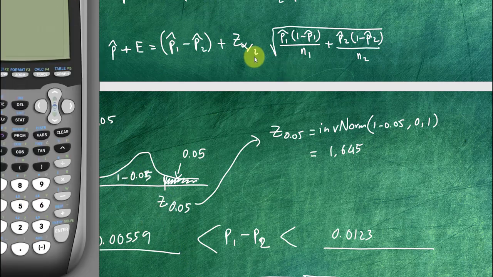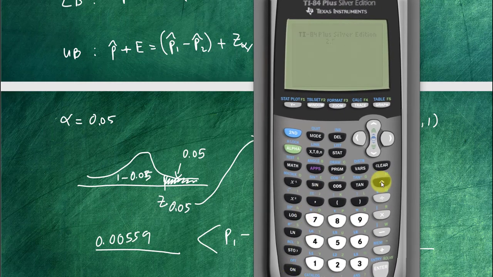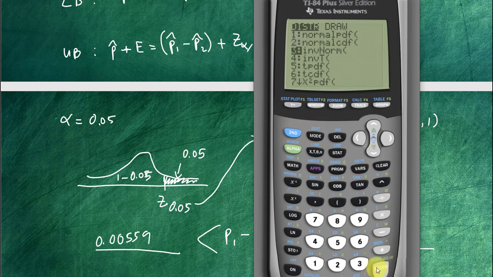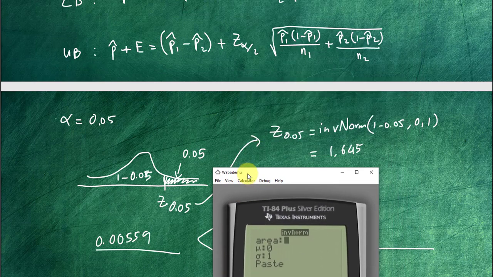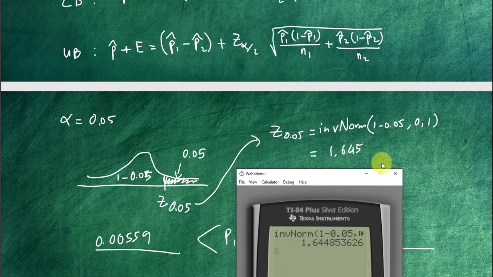So I just go to my TI-84 and use second distributions, and I go to inverse norm, making sure that the area is the area on the left side of that critical value. So 1 minus 0.05, the mean is 0, the standard deviation is always 1, and I get 1.6645.